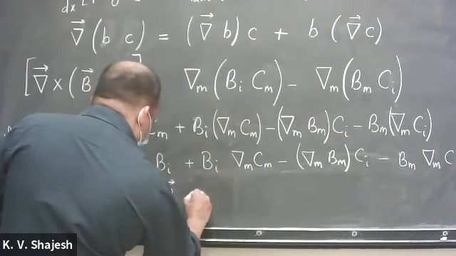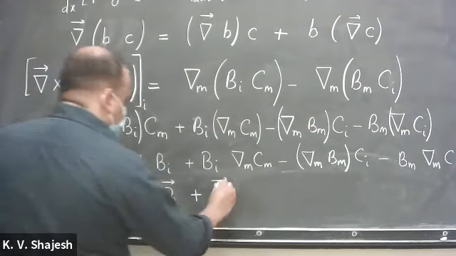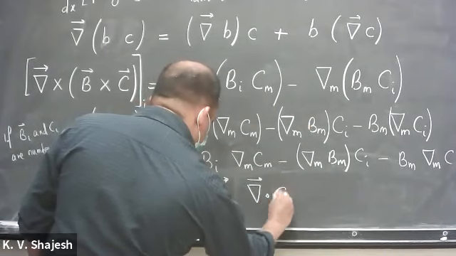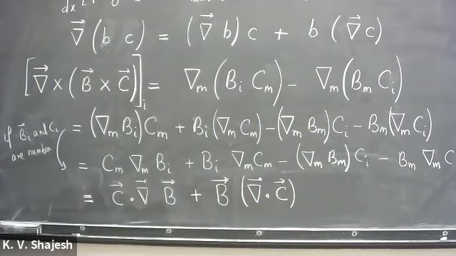Here, the next term is B is the free vector, and this is del C. And remember that I replaced B and C here, right? And that means to say that this cannot be done in quantum mechanics.